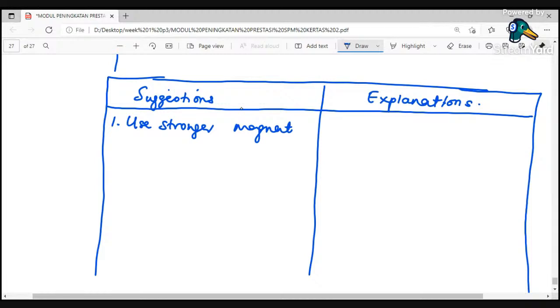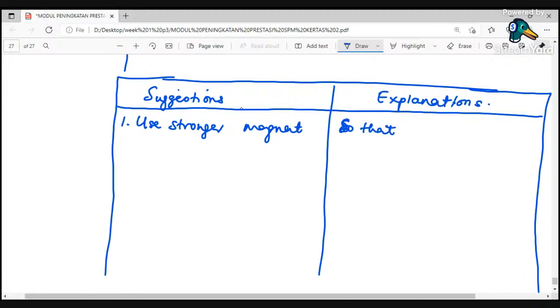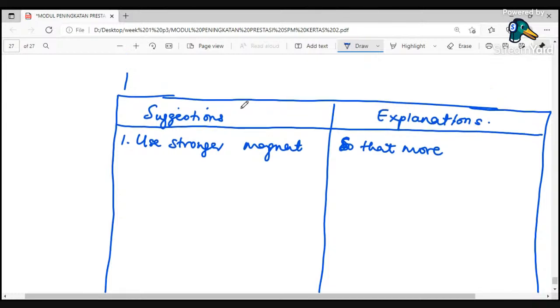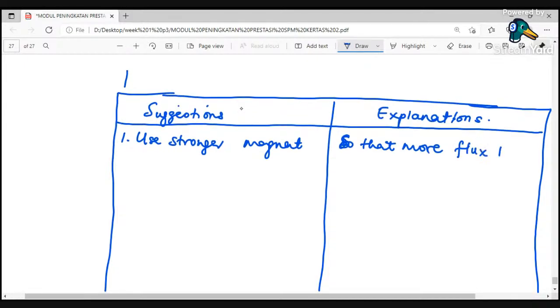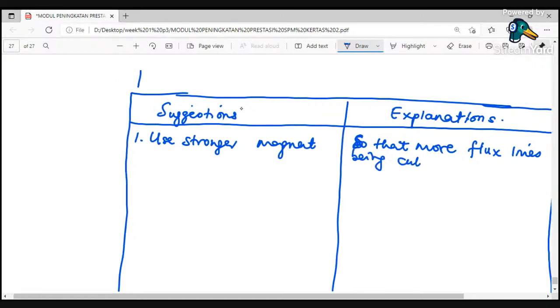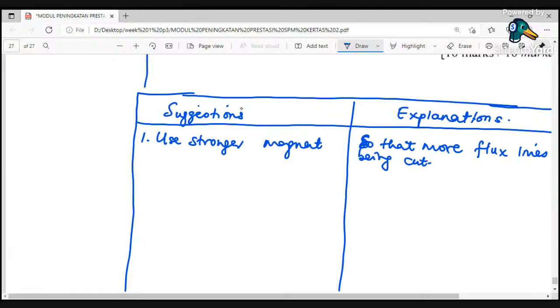So explanation so that more flux lines being cut. Maksudnya lebih banyak dipotong, lebih banyak current, larger current produce. Okay.